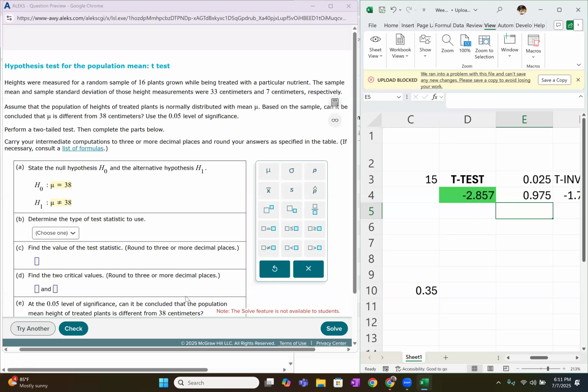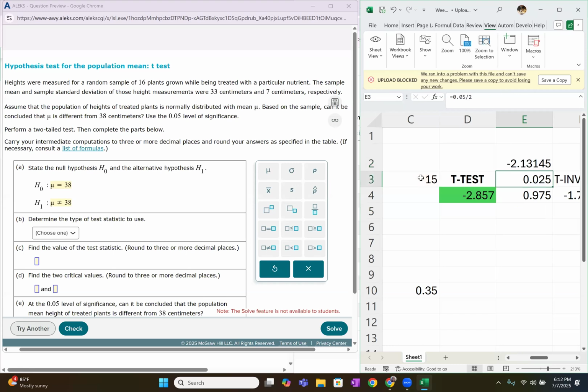But in this case, we're looking at t-tests, so it's not going to be just that value. It's going to be equal to t dot inverse. You want the dot. We're going to go probability 0.025, comma, and then select this cell here.